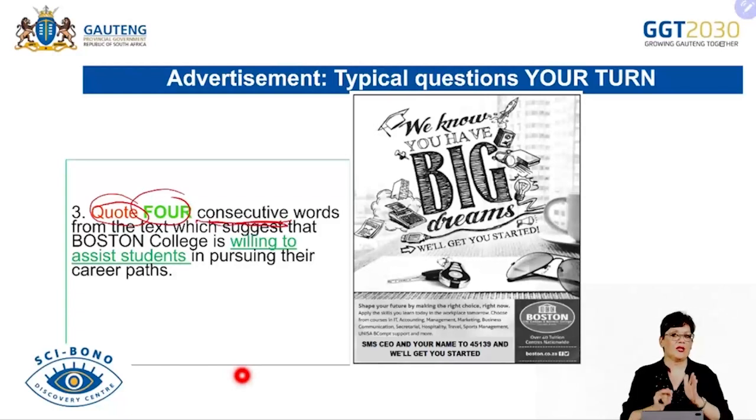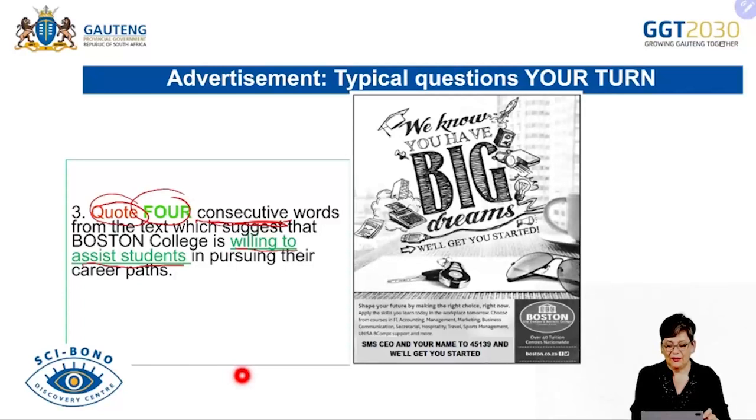Now, remember, consecutive means the one after the other. That from the text, which suggests that Boston College is willing to assist students. So that's my key idea. Willing to assist. So I'm looking for 4 words that show me they're willing to assist their students.